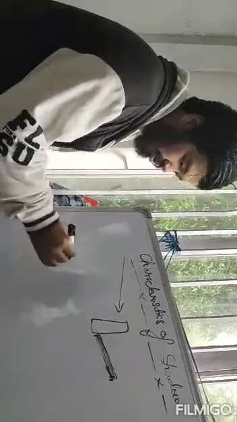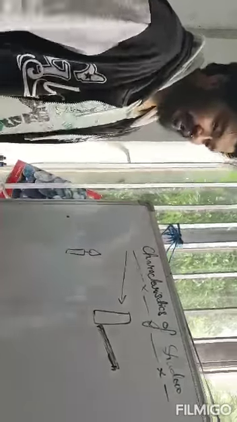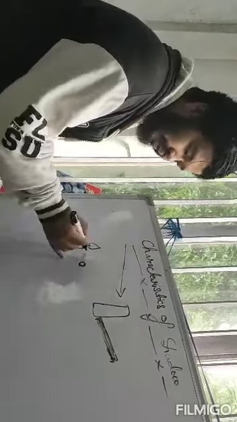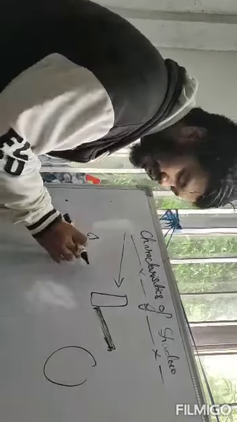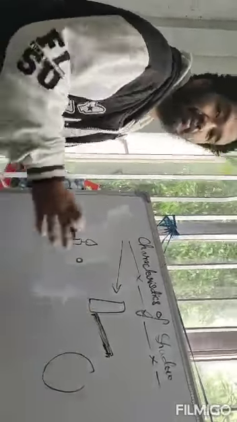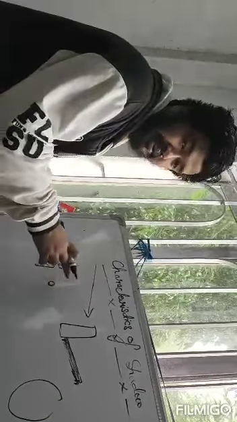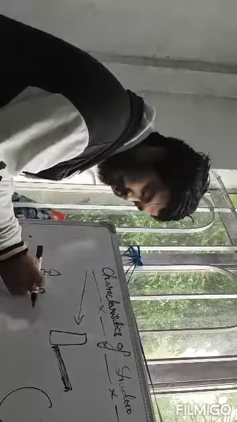Suppose there is a source of light out here, and you have a very small ball. If you bring this ball very close to the light, you will see the shadow will be very big. Now if you take this ball far away, you will see that the shadow becomes small. So it will only show you the exact shape, but it will not show you the size, because the size will vary with the distance.